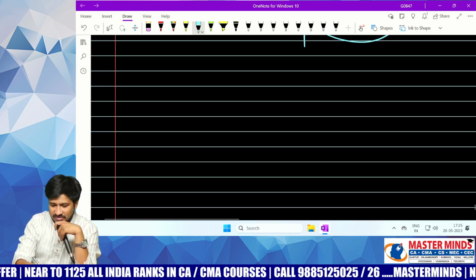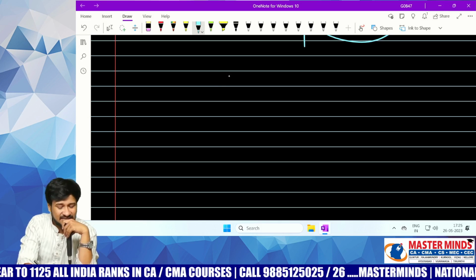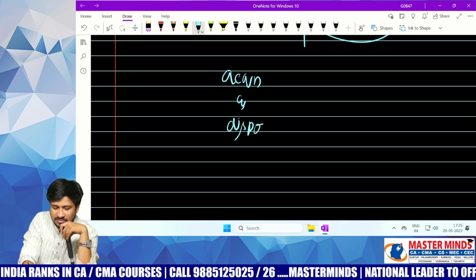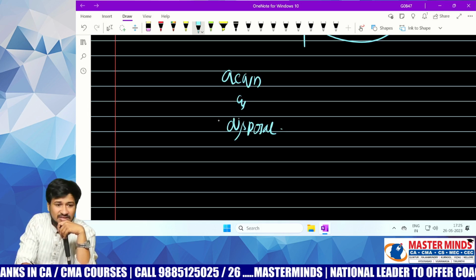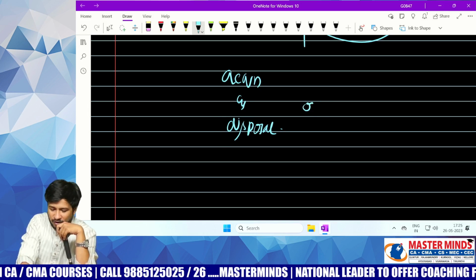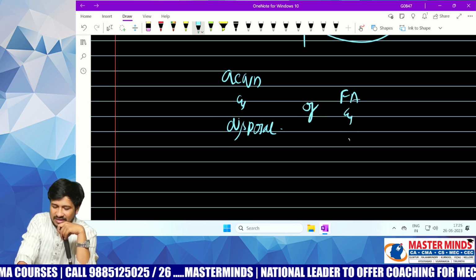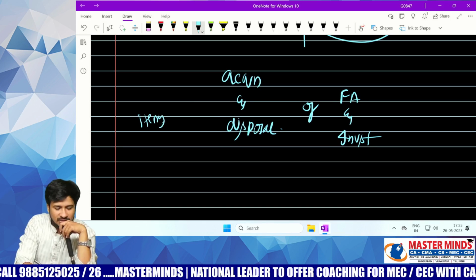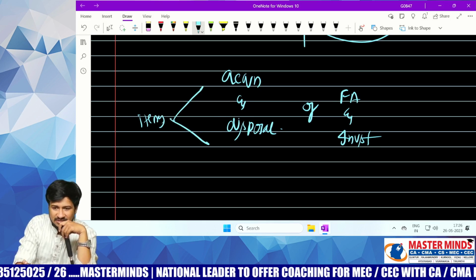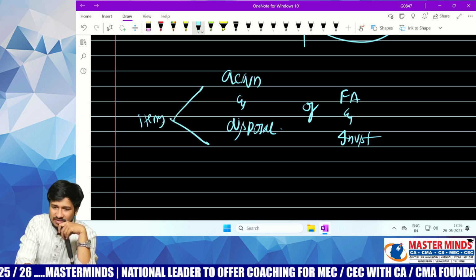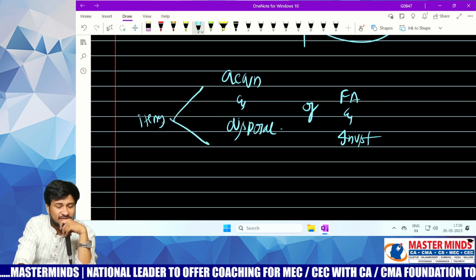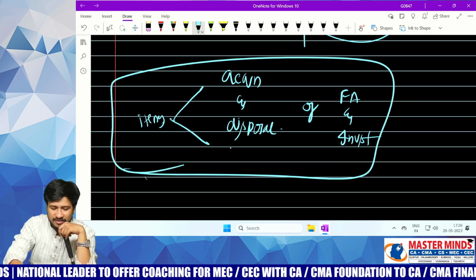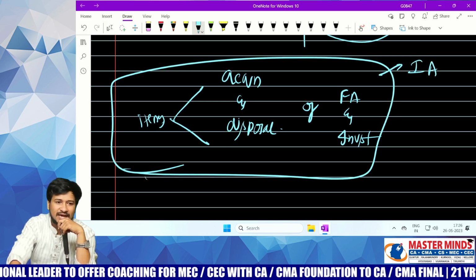Those activities which are connected to acquisition and disposal of fixed assets and investments. Understood everybody? This we will be calling investing activity.